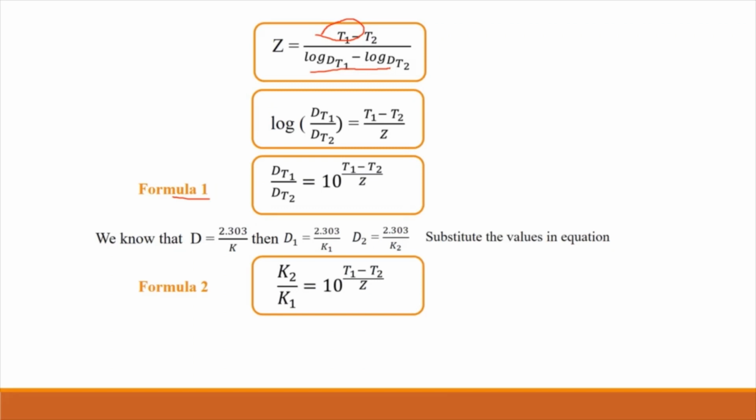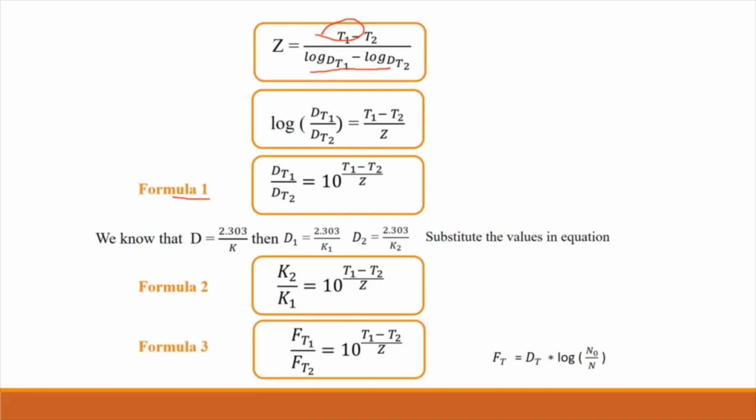We will get Z value in terms of reaction rates K1 and K2, that is K2 by K1 equal to 10 to the power T1 minus T2 by Z. From the formula of F value, we know that total time Ft equal to Dt into log N0 by N. From this formula, we know that total time Ft is directly proportional to decimal reduction time. So we can write formula 1 as Ft1 by Ft2 equal to 10 to the power T1 minus T2 by Z, in terms of the total time.